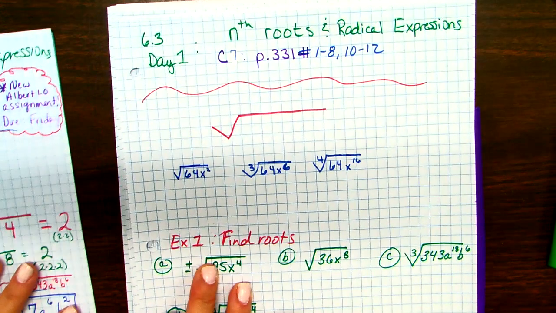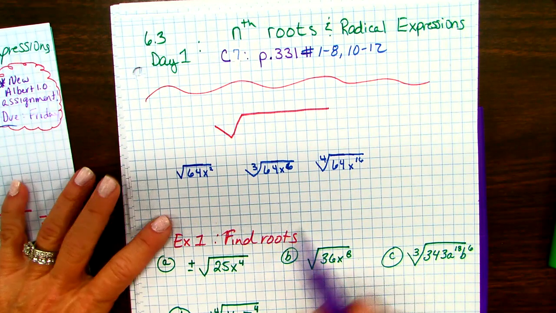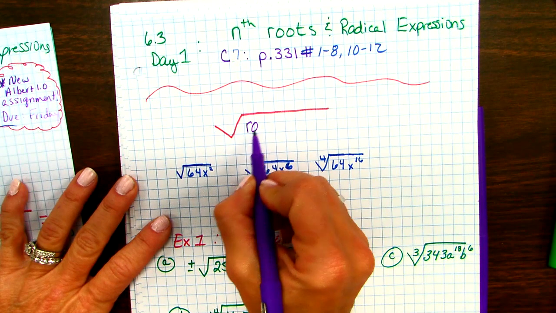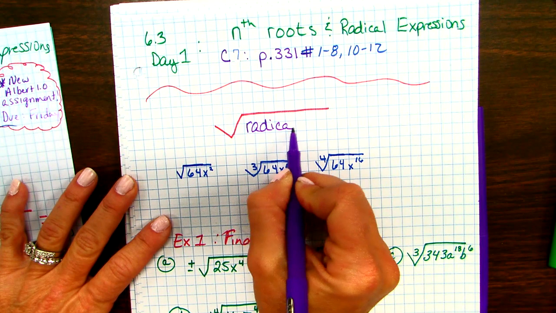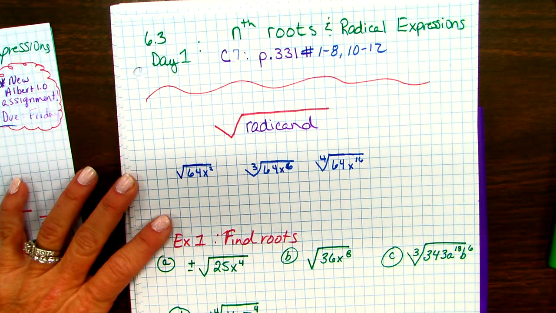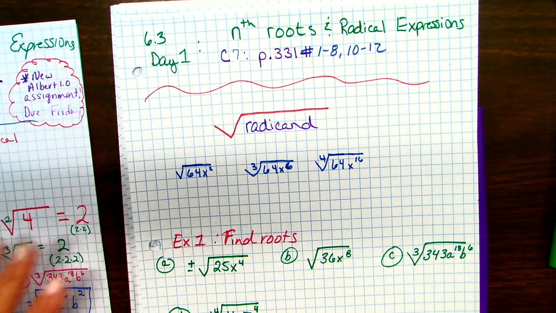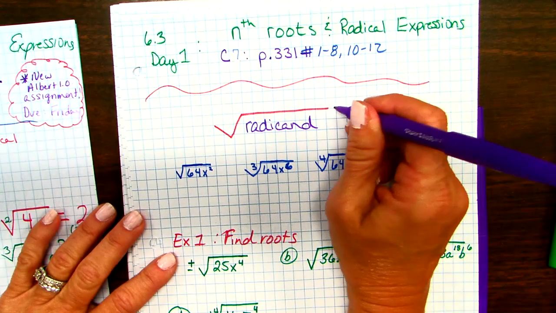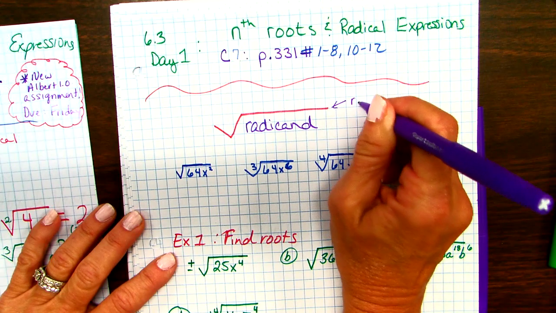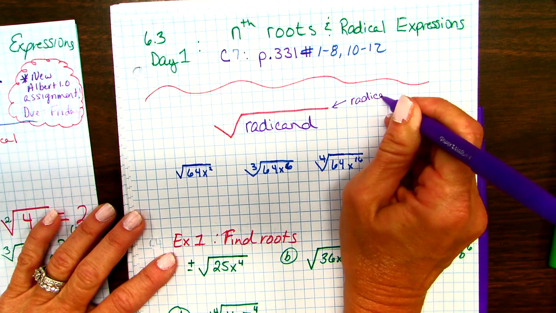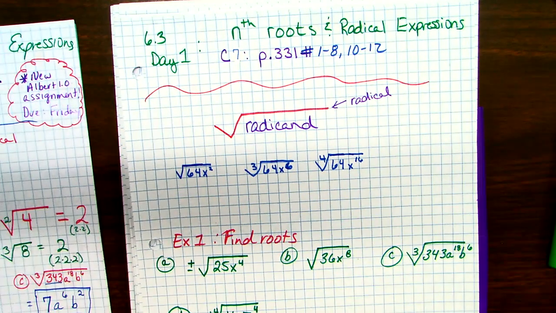Okay, here's some vocab words for you. The number and or letters that you see underneath a radical is called the radicand. The red part is called a radical. Sometimes we just kind of call it a square root, but that's only one type of radical.